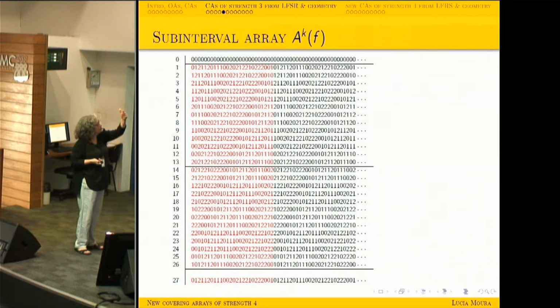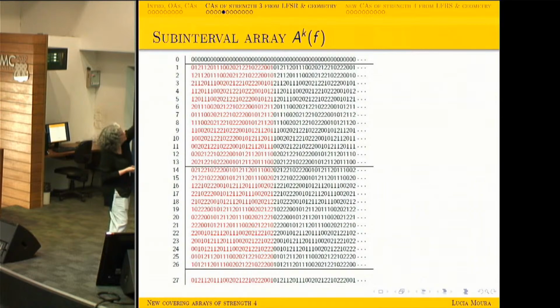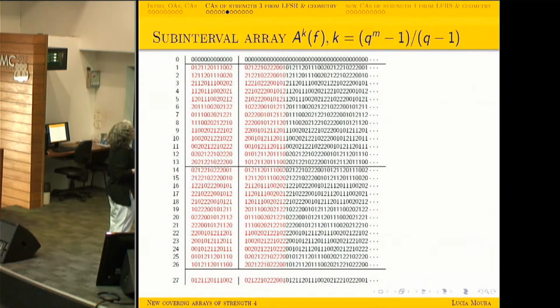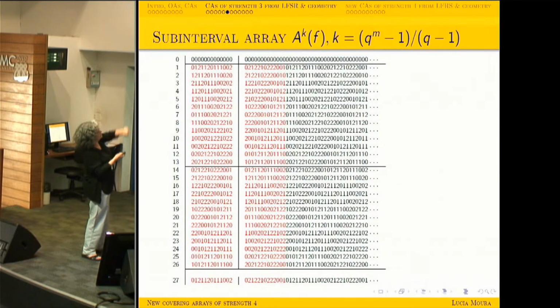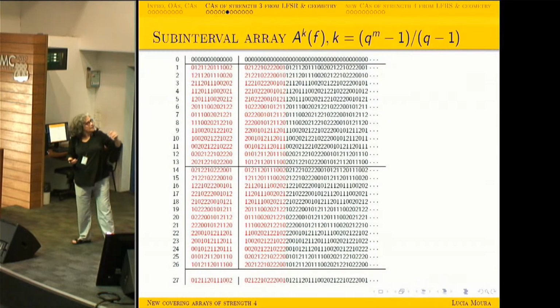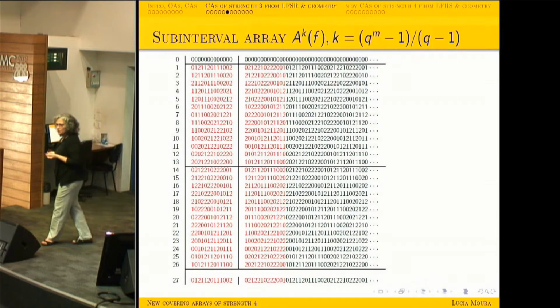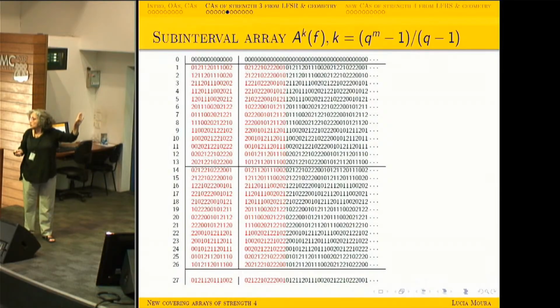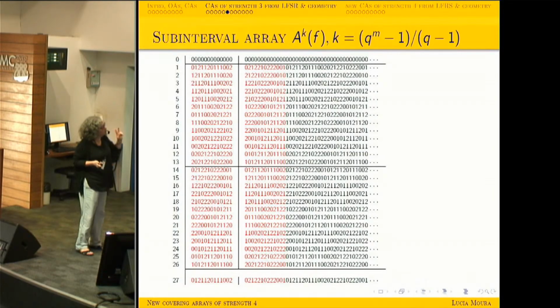So here is the sequence. The period of the sequence is in red, but now I take a slice of size q minus 1 dividing by q minus 1, and that's the array, and I stick on a row of zeros. So these are all the shifts of the sequence, q to the m such elements, right? I'm using m equals 3 to build the array of strength 3.